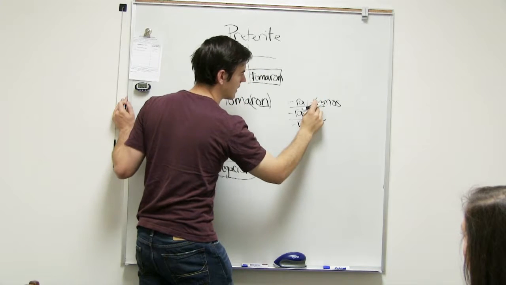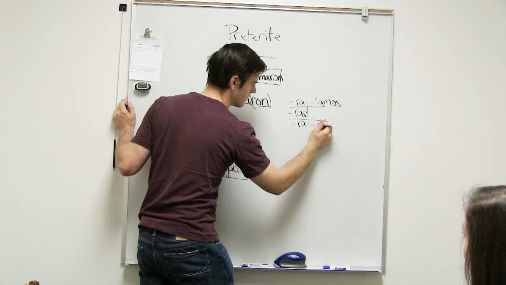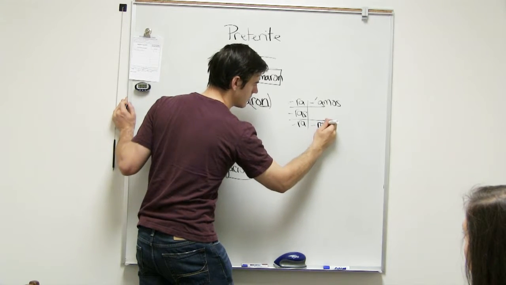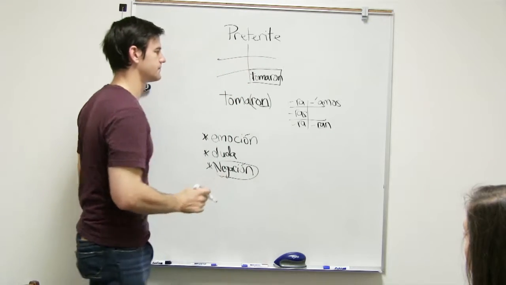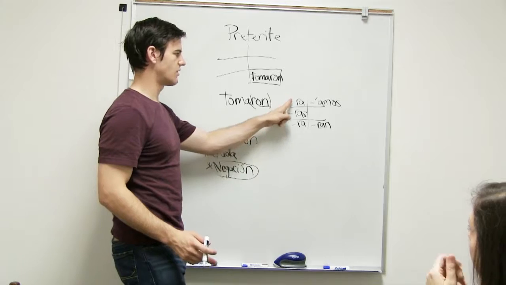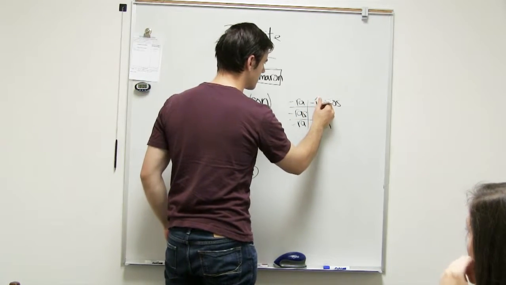That's going to be tomara here, and then tomaran. Okay? So they took off the R because you always start these with an R, even this one that I didn't put an R on.